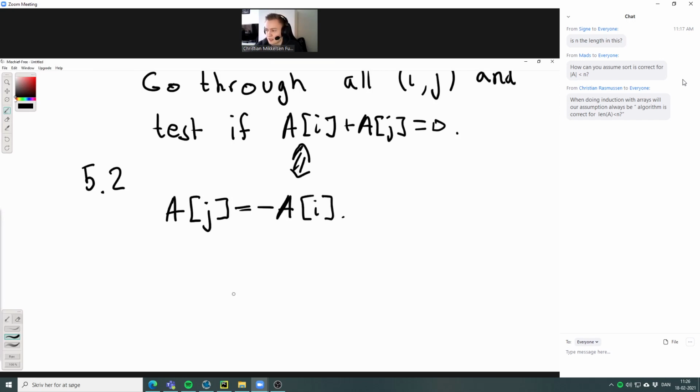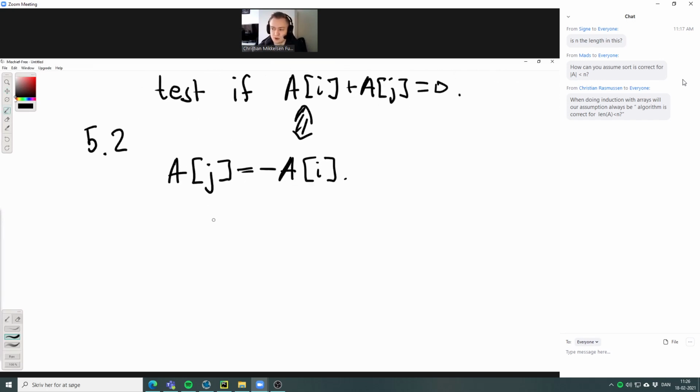What exactly does this mean? This means that for any element in the array, there's exactly one other value that corresponds to a pair that sums to 0. So what we can do is we can sort A.